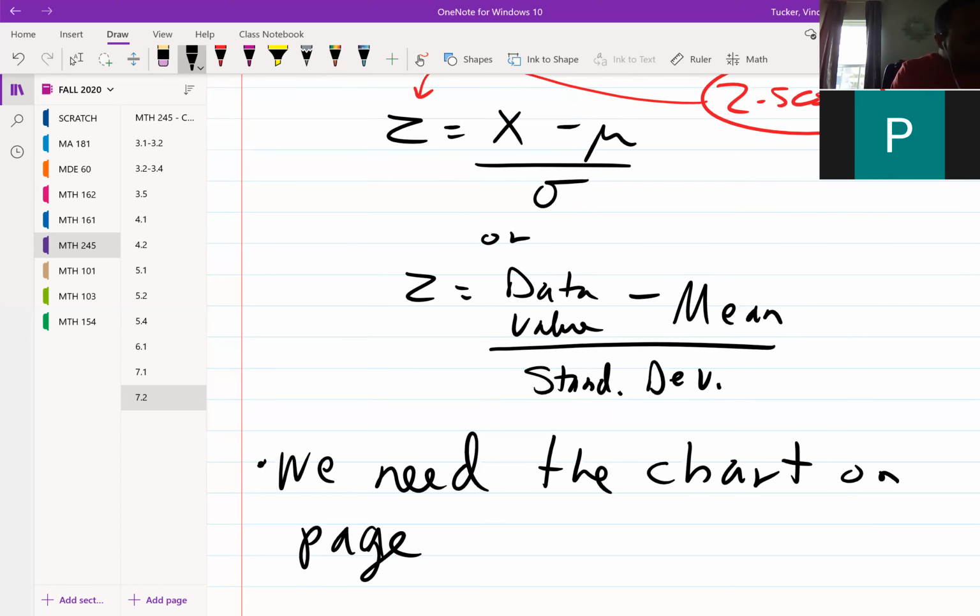I think it's a, yep, there you go. We wrote it kind of funky, A-11 and A-12.